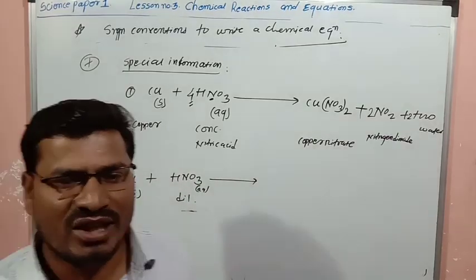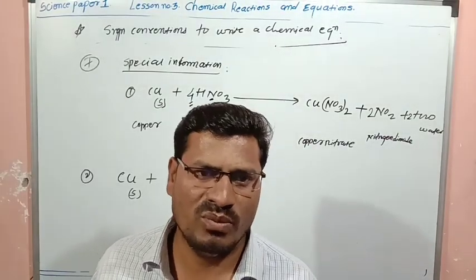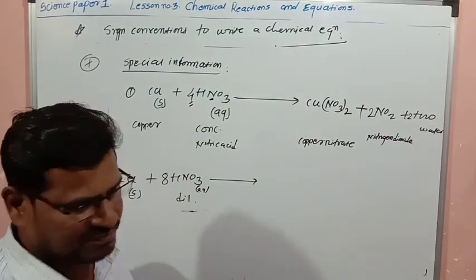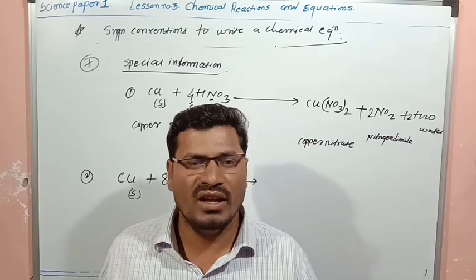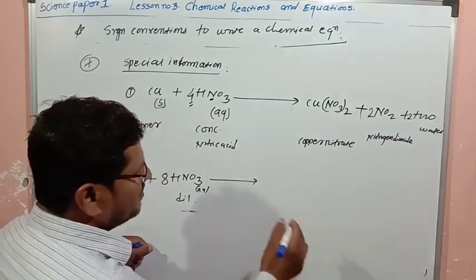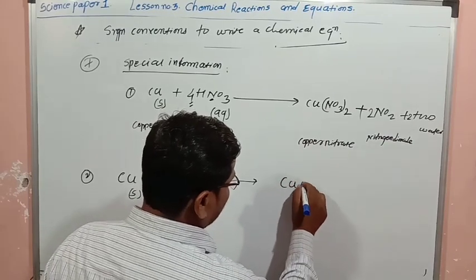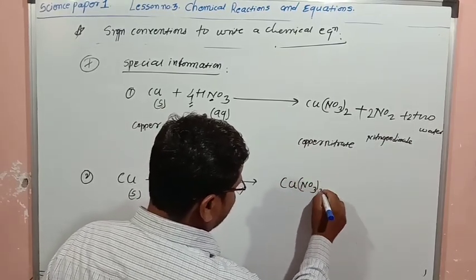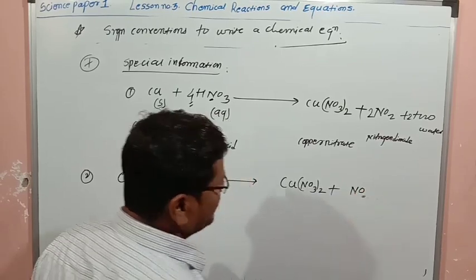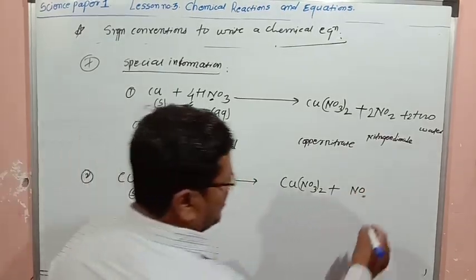When you are taking dilute nitric acid, you have to take more molecules. So you have to take 8 HNO3 molecules. Then what will be the product? The product will be the same, Cu(NO3)2, but here the product will change: NO will be there, plus H2O.